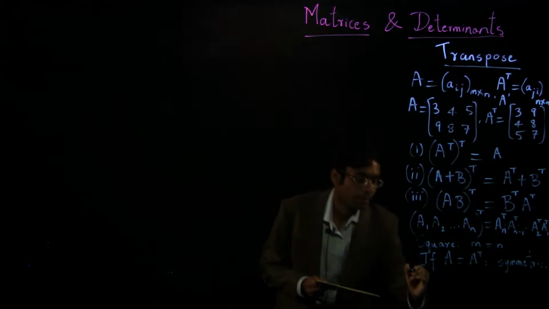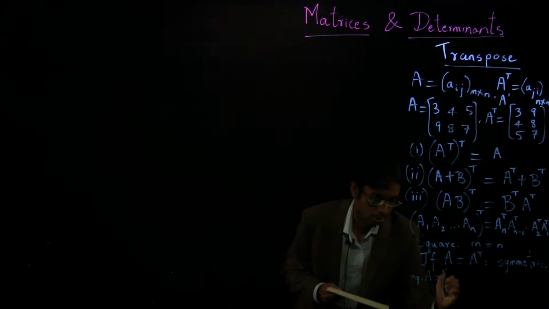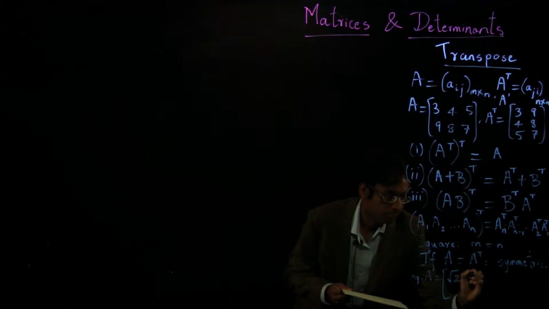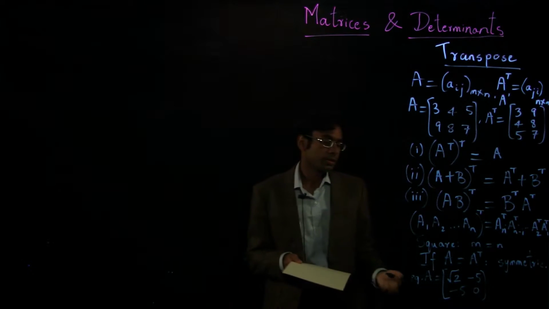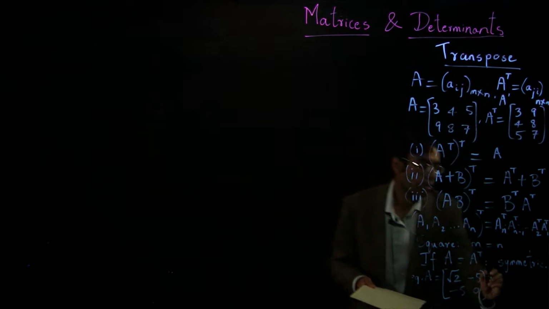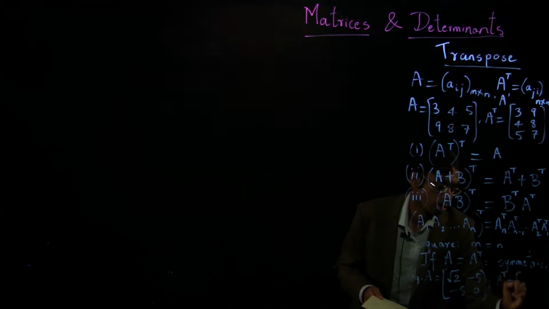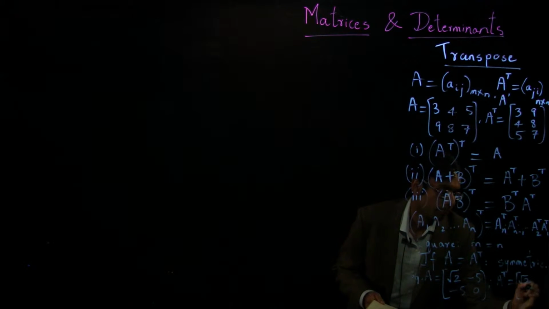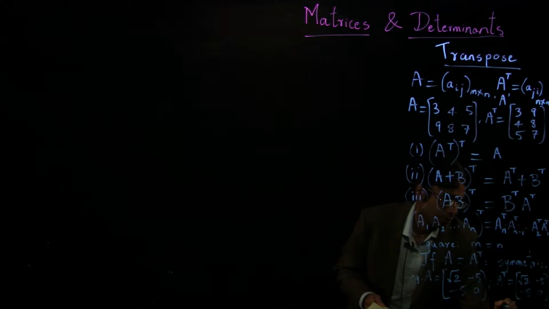So for example, if you have a matrix like this, then you can see that by flipping the rows and the columns, you have A transpose is again the same thing basically, which is equal to A.